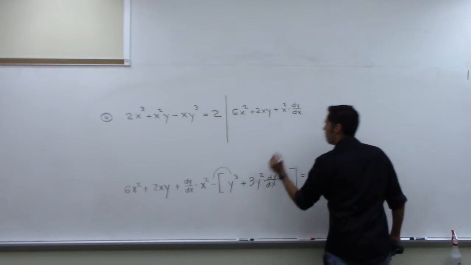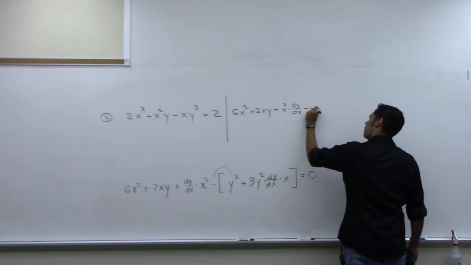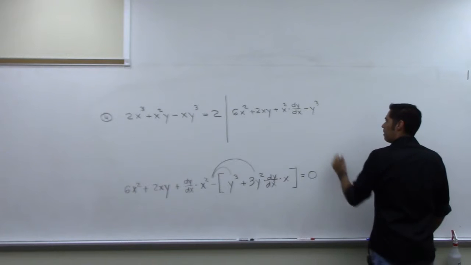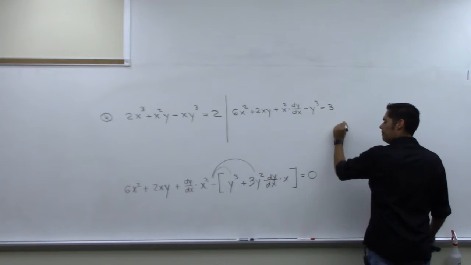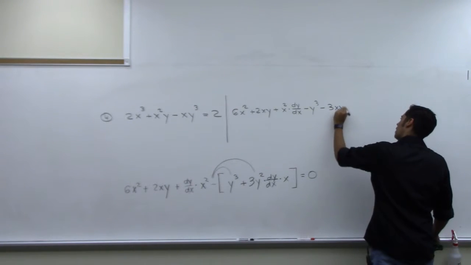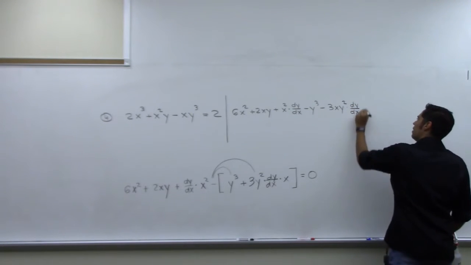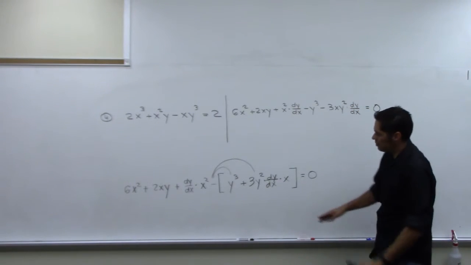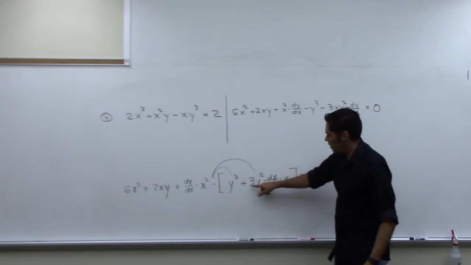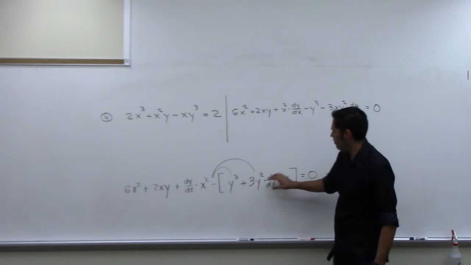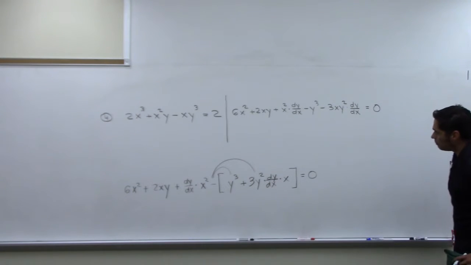Distribute this through, minus y cubed. Distribute this through, and watch the way I write this. Minus 3xy squared times dy/dx, then equals 0. So what I did was the negative distributed, made that a minus 3, and then I put the x in front of the y squared, and then put the dy/dx at the end.